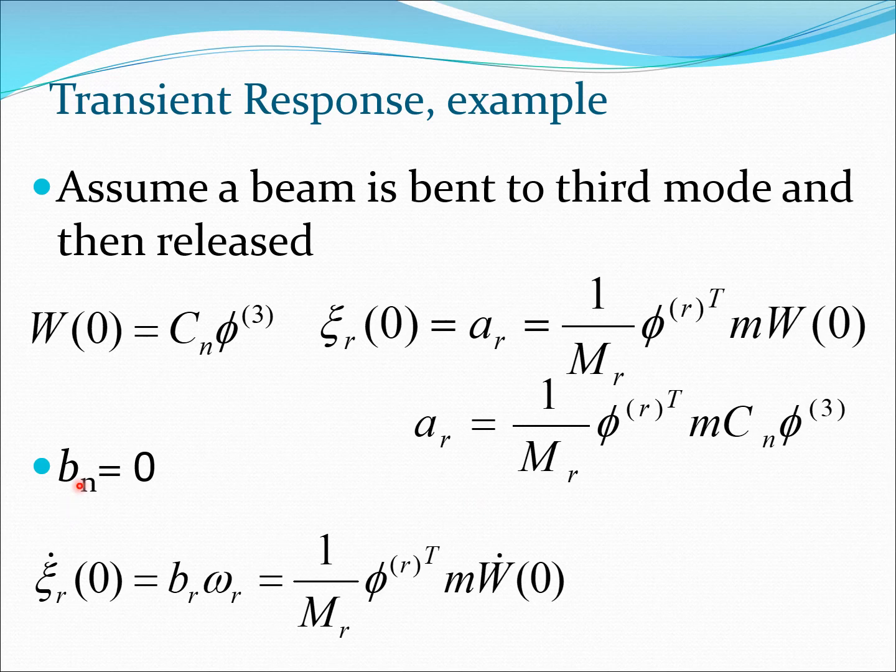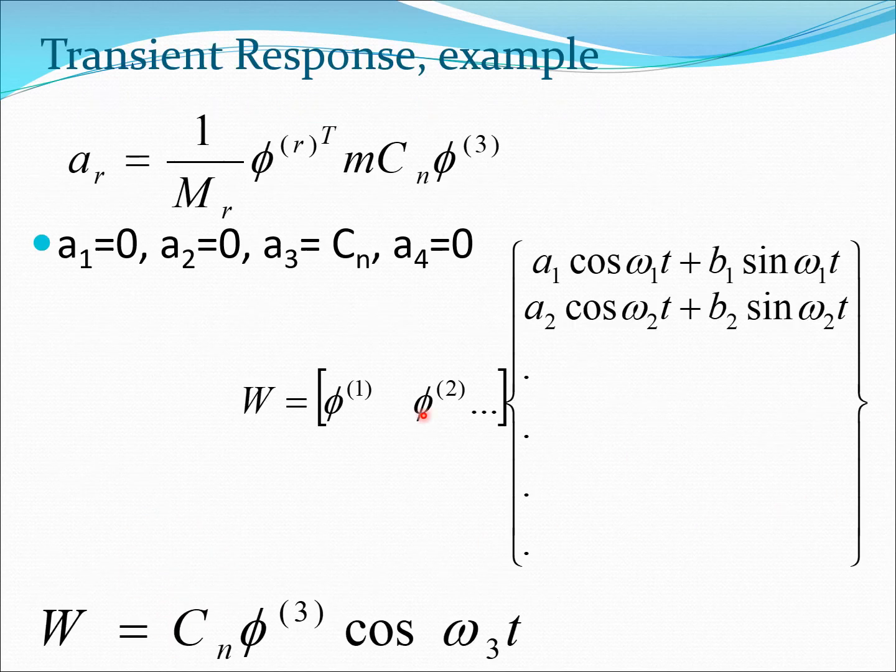Now since the velocities are all zero, we have released it very smoothly and slowly, all the Bn terms are going to be zero because remember the xi r dot is given by this equation. So W dot being zero, all the B terms are going to be zero for this system. Okay. So we are going to only concentrate on the A terms. So we concentrate on the A term here.